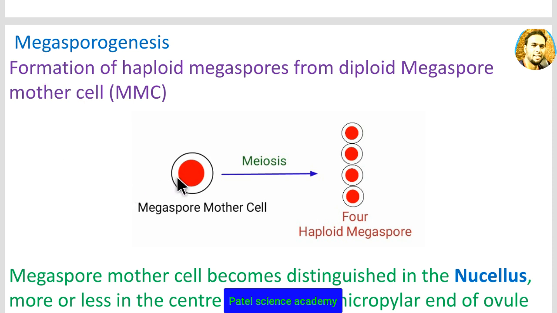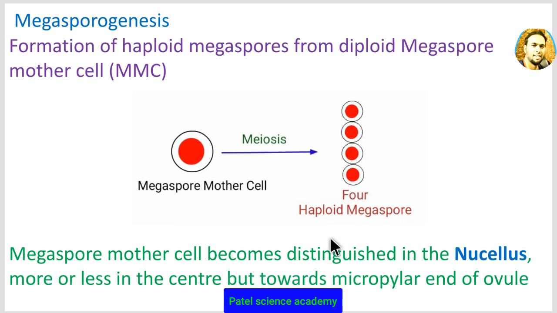As you can see in this diagram, this is the MMC, which is diploid, one cell, the megaspore mother cell, having the full number of chromosomes, and by the process of meiosis it converts into 4 haploid cells, that is megaspores. So by meiosis, reduction division, the MMC divides into 4 haploid cells.